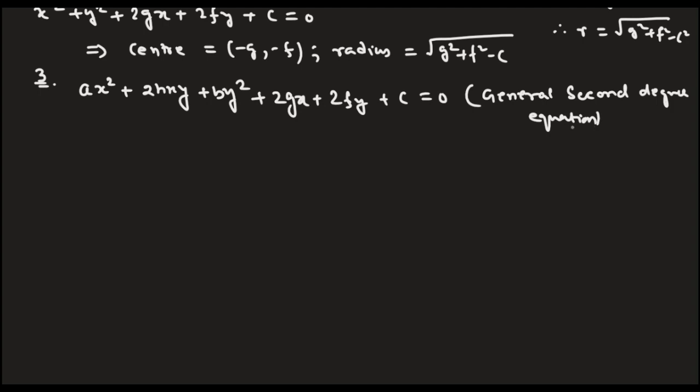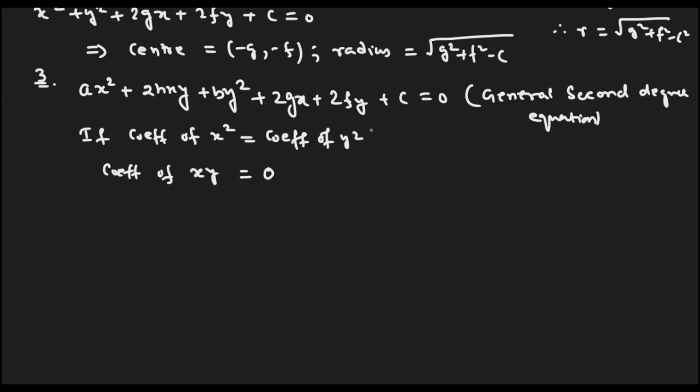Does it represent the equation of a circle? The answer is yes, if the coefficient of x square is equal to the coefficient of y square, number 1, and the coefficient of xy is equal to 0. If this happens simultaneously, then you can say that the second degree equation always gives a circle.